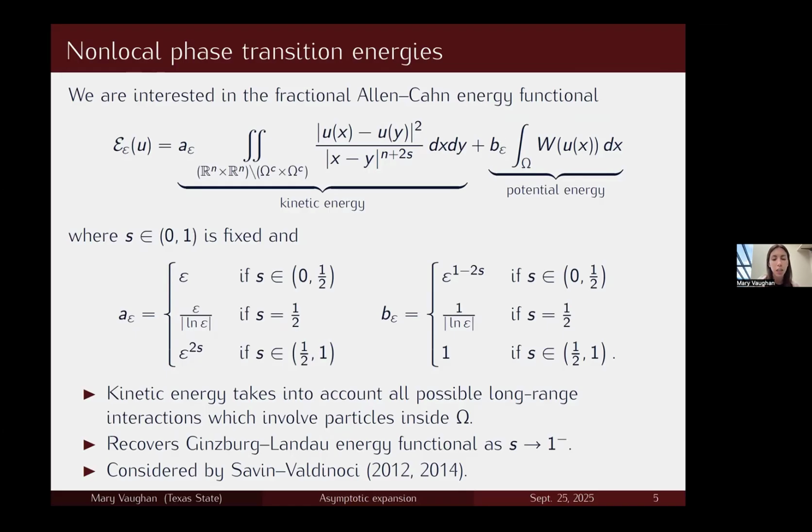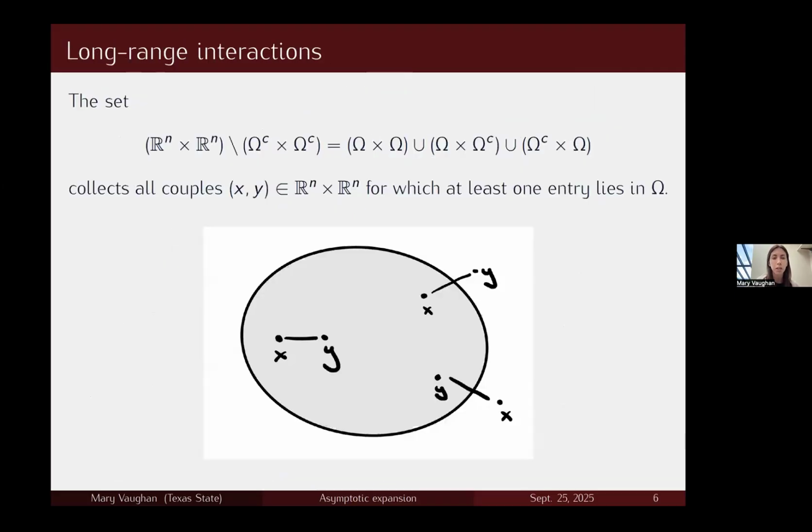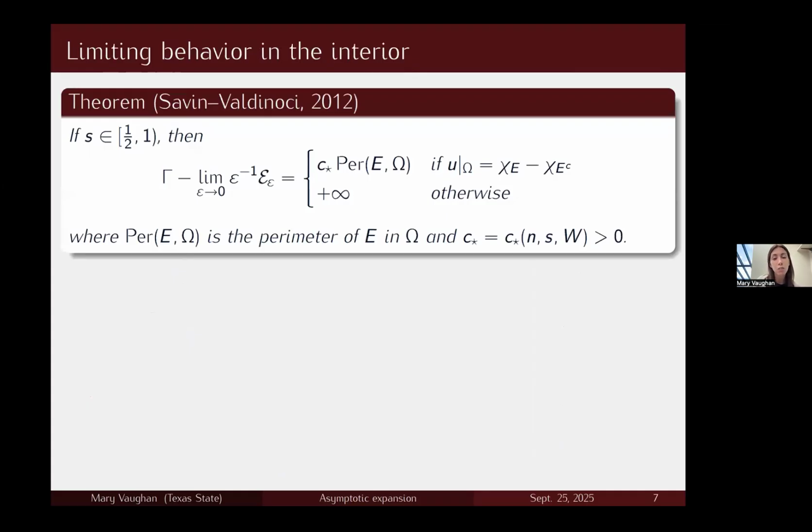It was considered by Savin and Valdinoci in a couple of papers. In particular, I want to talk about the 2012 paper, because that's where they proved the gamma convergence, which I would say is the non-local counterpart to the Modica-Mortola result that we saw. With this different scaling, s equals 1/2 is a critical value for the gamma convergence.